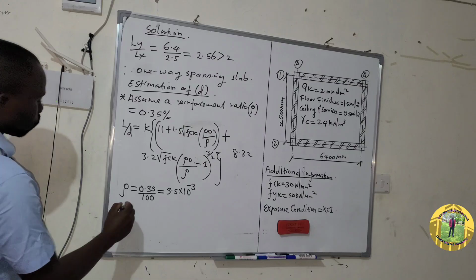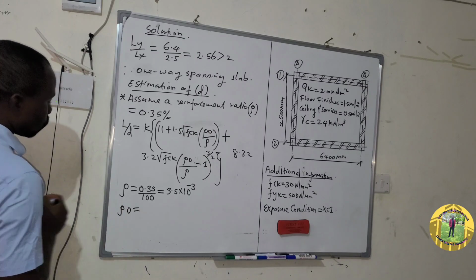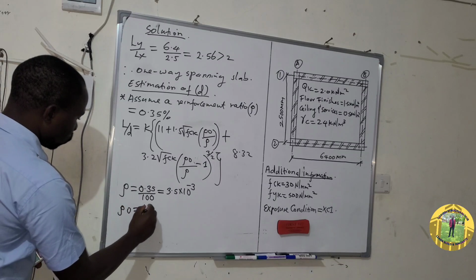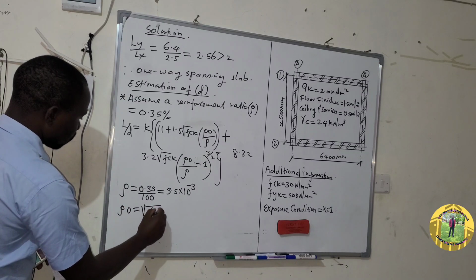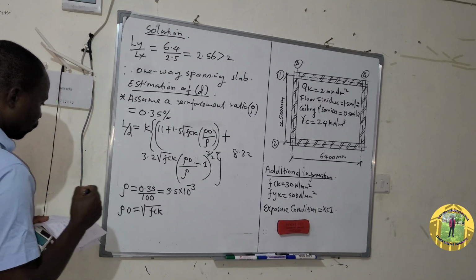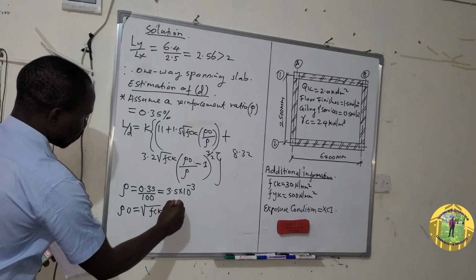And then we come to this one. This one is given by square root of FCK times 10 to the power negative 3.